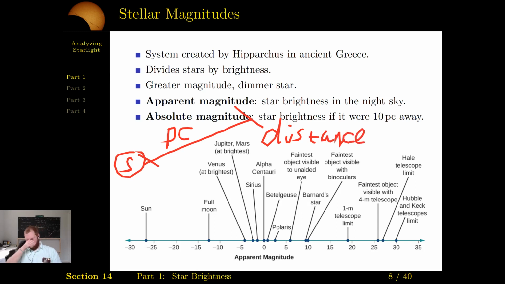It's close to about 3 light... Let me double check the actual value. Let's see here. Yeah, 1 parsec is about 3.2 light years. So it's just a distance measurement.